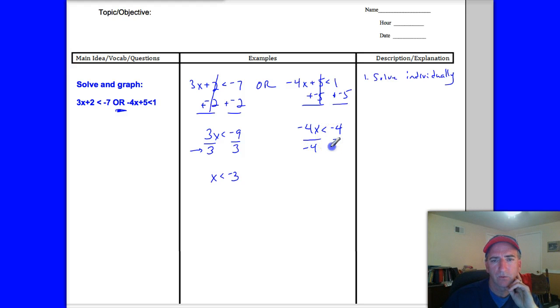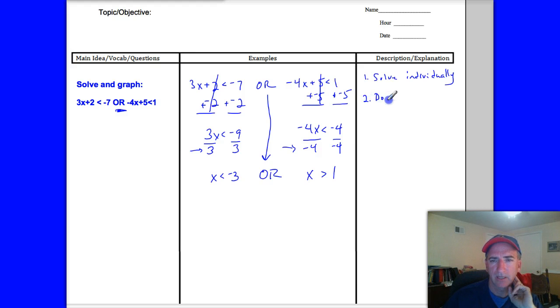Divide by -4. Okay, that's 1. Okay, now, do I reverse this sign? I divided both sides by a negative, so yes, you switch that sign. You get positive x is greater than 1. So you end up with x is less than -3, or, let me just bring that condition down, or x is greater than 1. Okay, so we solved it individually.